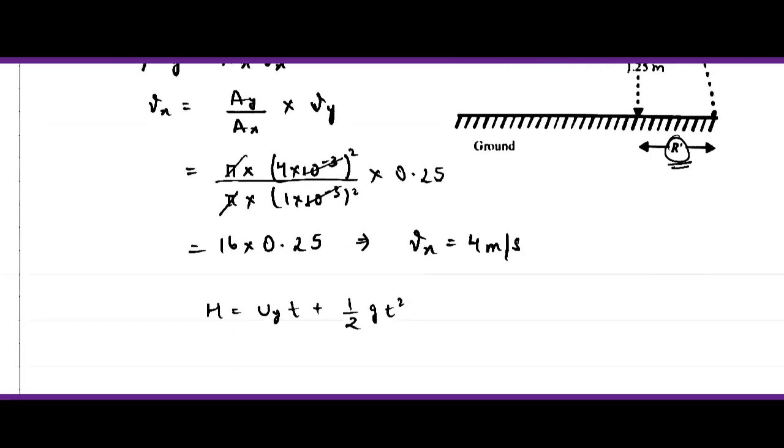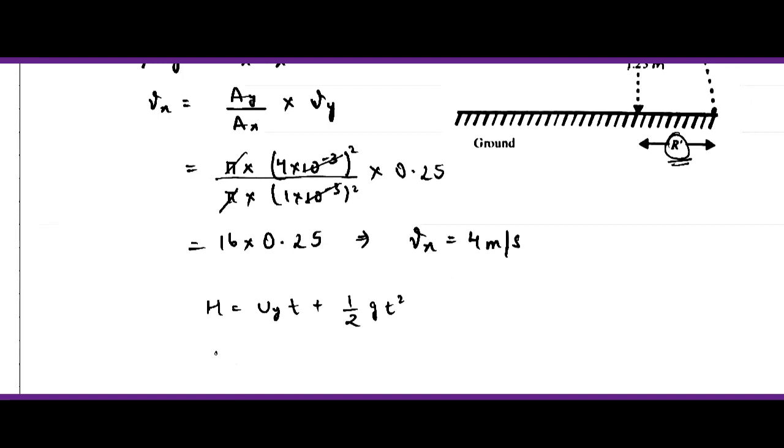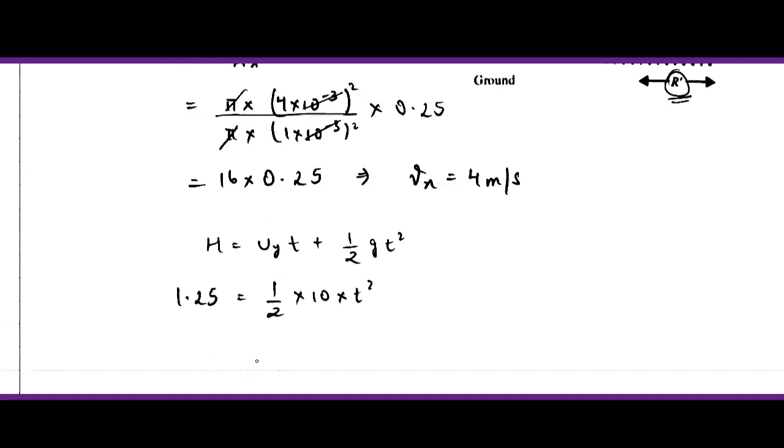Now see, the water coming out of the nozzle has only an x component and its y component is 0, right? So uy will be 0 and we will have h equals half into 10 into t square, and here h is given to be 1.25. So the value of t square would be 2.5 divided by 10.